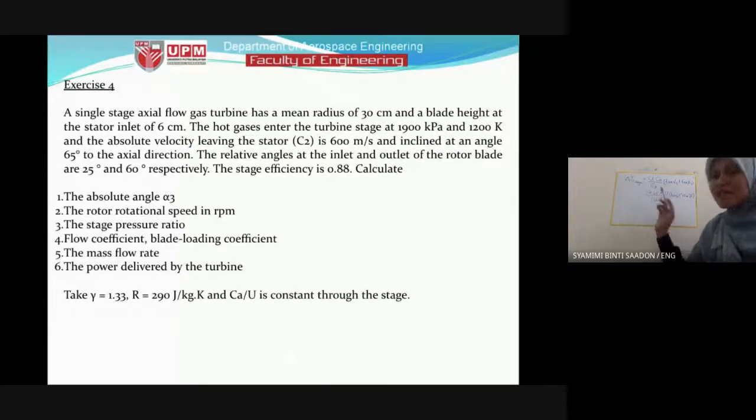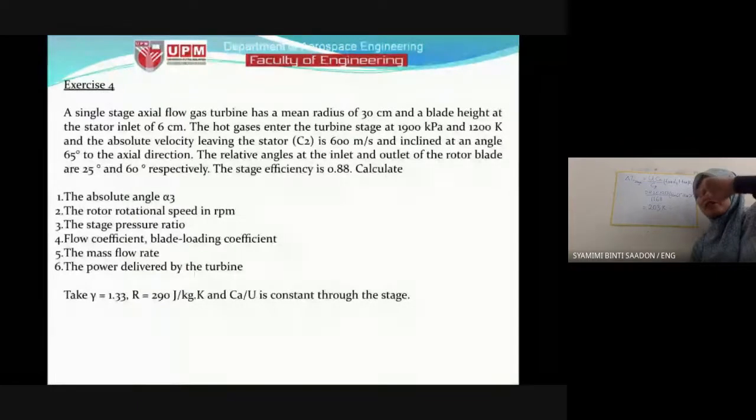So we have the stage temperature difference, around 202, 203 Kelvin. This means the temperature difference between the inlet and outlet of the turbine stage is 203.